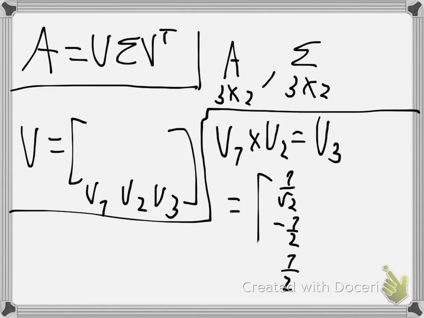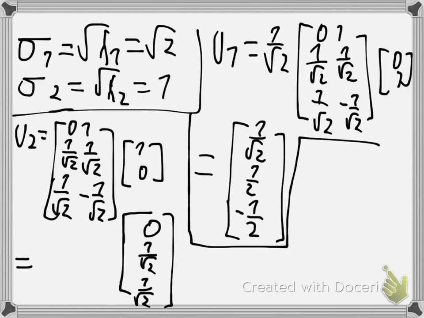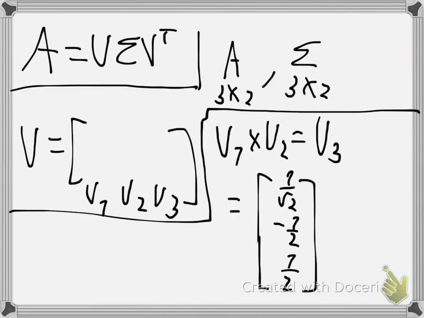Here I used that trick with the cross product because I am in 3 dimensions. Otherwise you would need to use Gram-Schmidt, or maybe there is another method, I don't know. But you could find a vector that is orthogonal.